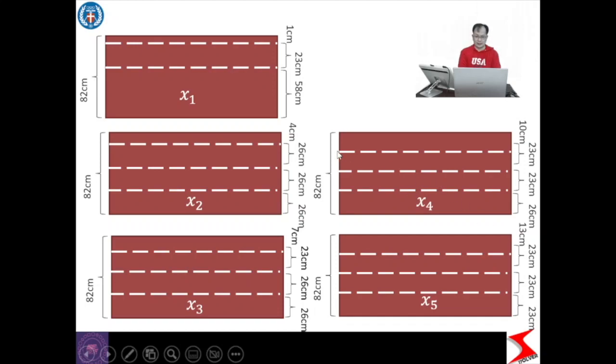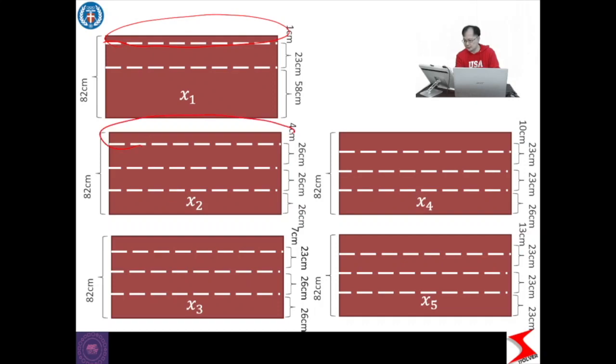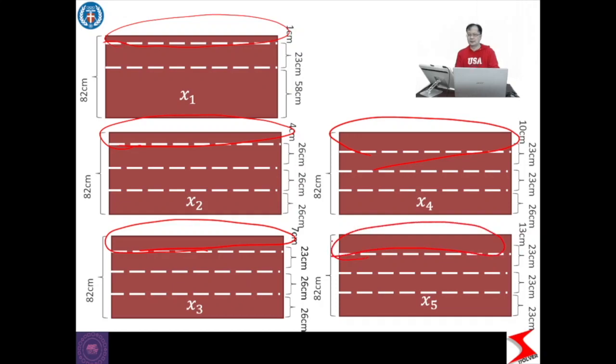So we try to have these 5 cutting methods, and we can put them together to meet the customer demands. And we want to let this part, this part, be as small as possible, right?